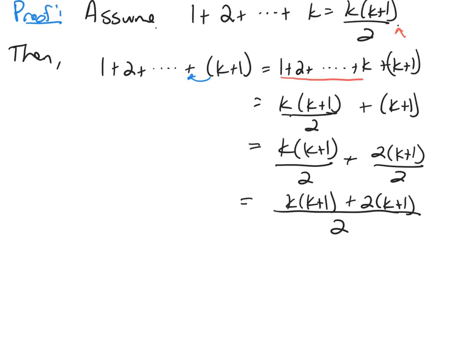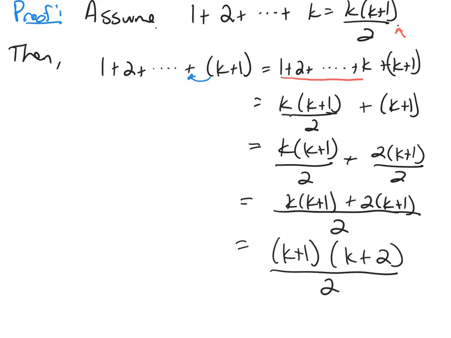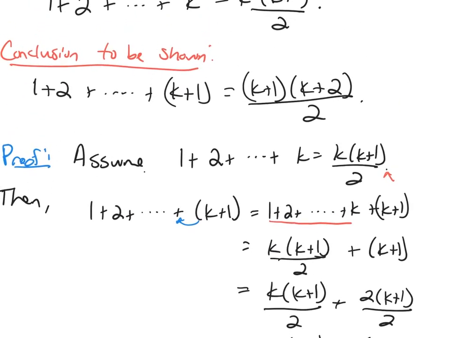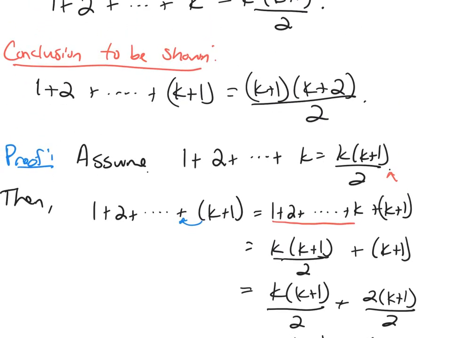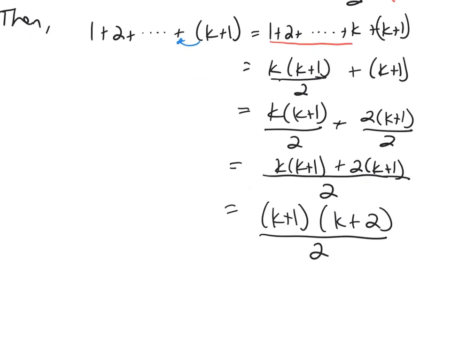And if I factor out a (k+1) out of the top, I'll be left with (k+2) over 2. And if you look at what conclusion needed to be shown, that's exactly what I needed to get. I needed to get (k+1) times (k+2) over 2. And that completes my proof right there for the inductive step.